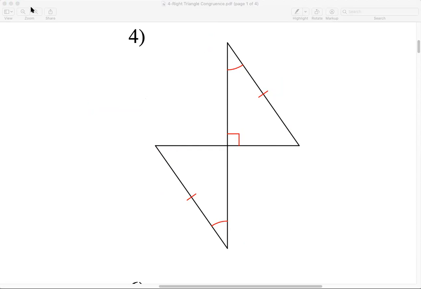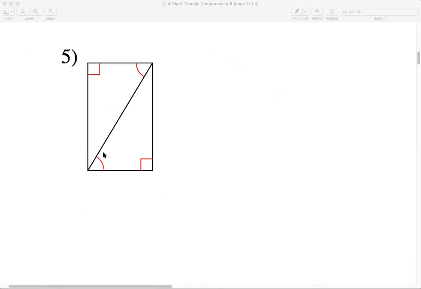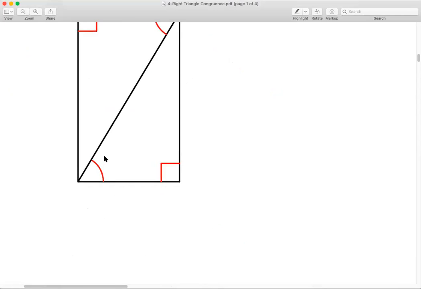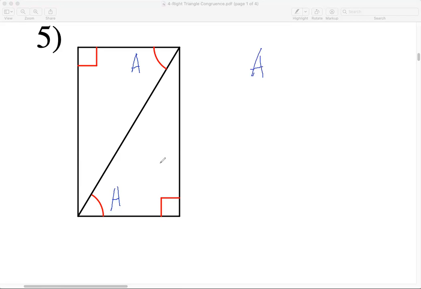Next, let's go to example number 5. Let's see if number 5 has congruent triangles. Let's check this out. Okay, we have angle here, angle, and angle. Of course, we're not going to use the right angles here. So we have angle.